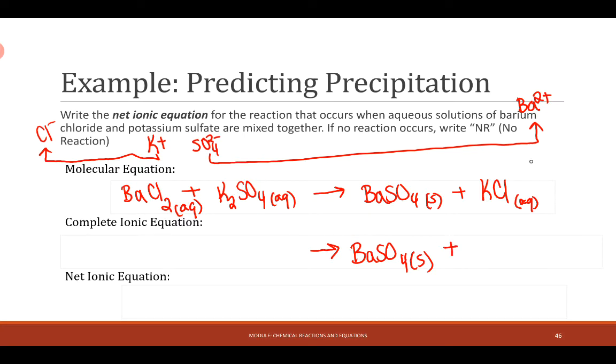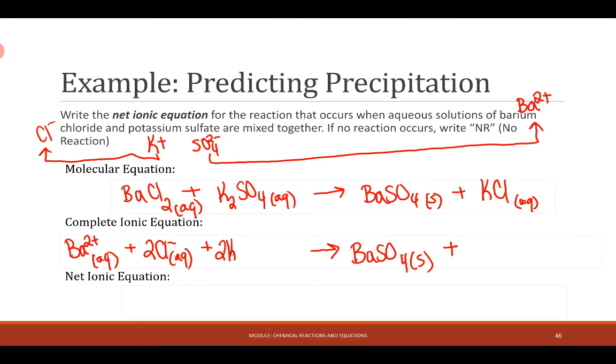Ionic compounds are strong electrolytes, so the remaining solutions will be written as ions since they are aqueous. So that would be barium 2+, aqueous, chloride ions, and that 2 would come out in front as a coefficient, indicating that I have 2 chloride ions.